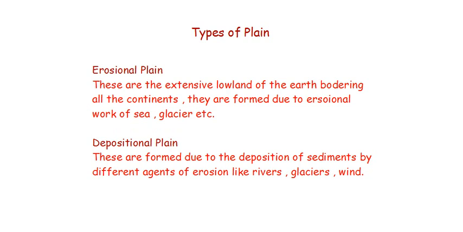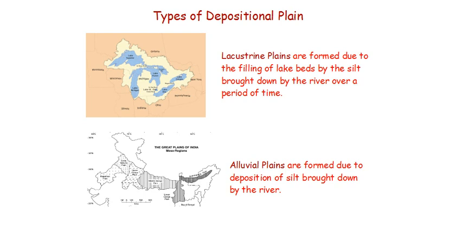Now, how do we classify the depositional plain? This is the subdivision of depositional plain. First one is called lacustrine plain. Lacustrine plains are formed due to filling of lake beds. That is, the bottom of the lake, when it gets filled up by silt that is brought down by the river over a period of time, we have lacustrine plain.